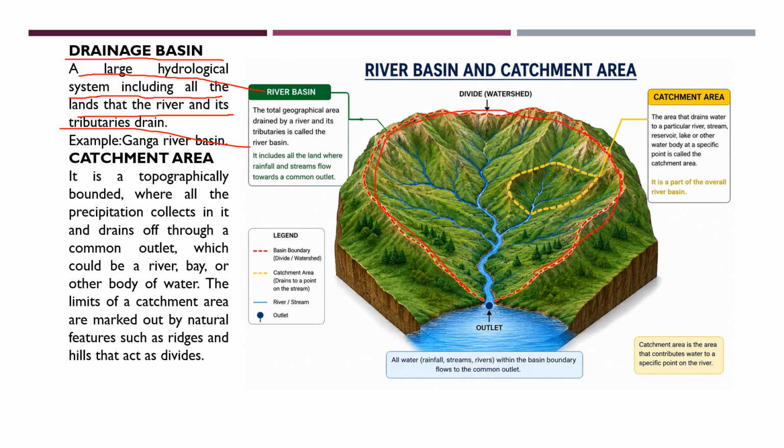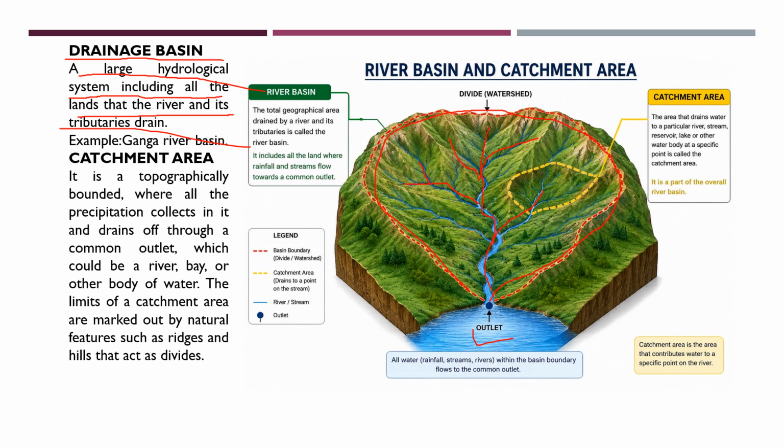You see it in this picture, this is one river, and these are the tributaries which are joining with the main river. This is one tributary, here another tributary, here another tributary. So all the areas, all the region, is a large hydrological system including all the lands that the river and its tributaries drain, and drain where? Here. Okay, this is what a river basin is.